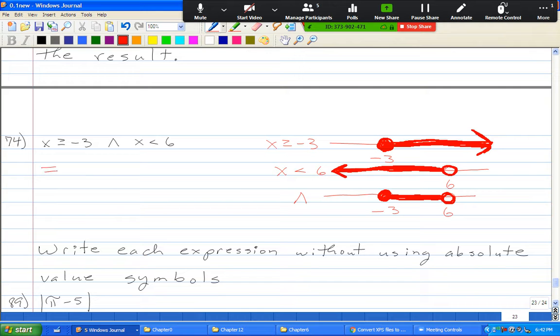So this will be the intersection between these two sets. So it's the half open, half closed interval.